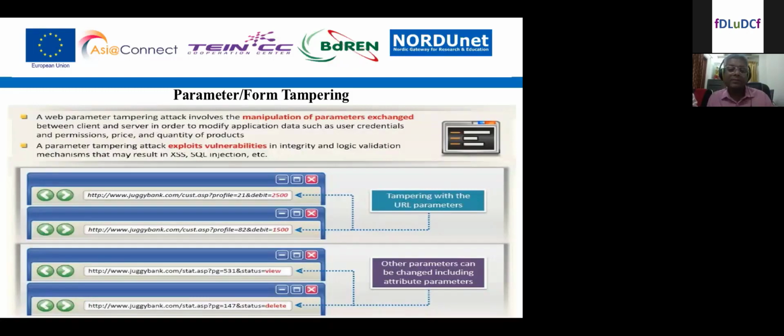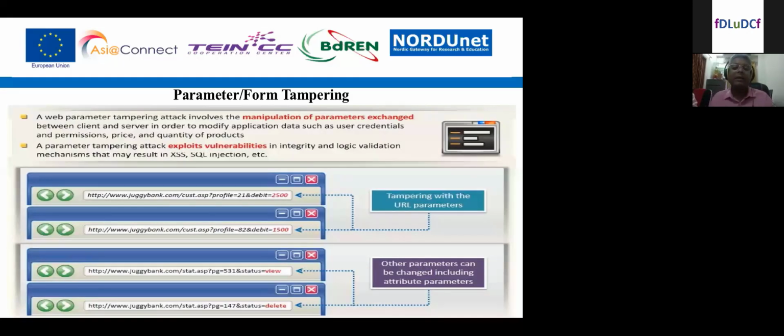And as well as profile equal to 21, they can easily make it profile equal to 82. And at the same time, in the third one, the status equal to view, you can make it status equal to delete.